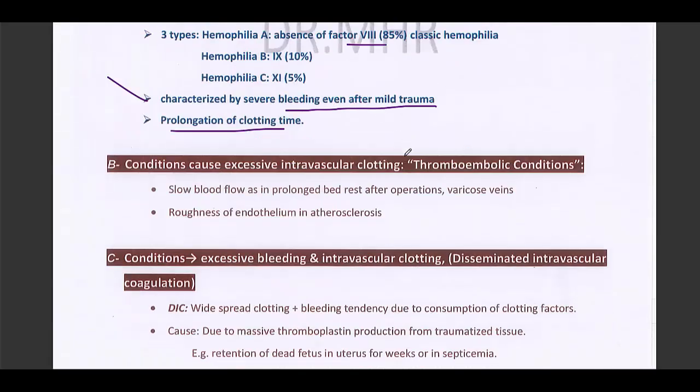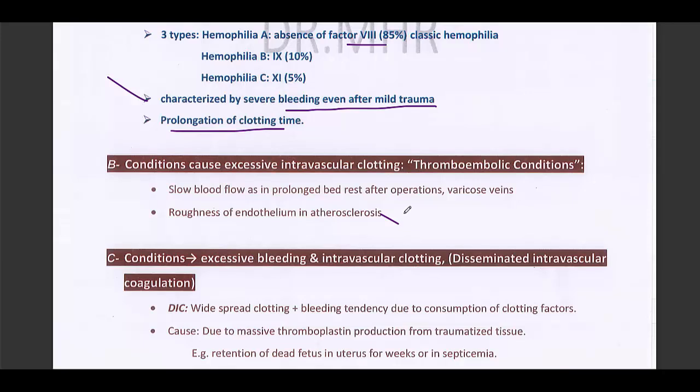Now let's move to conditions that cause excessive intravascular clotting, thromboembolic conditions. They occur because of slow blood flow, as in prolonged bed rest after operation and varicose veins. Also roughness in the endothelium in atherosclerosis.